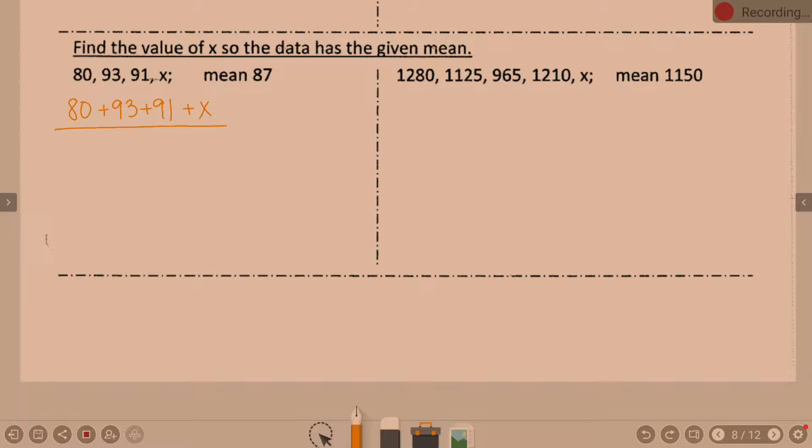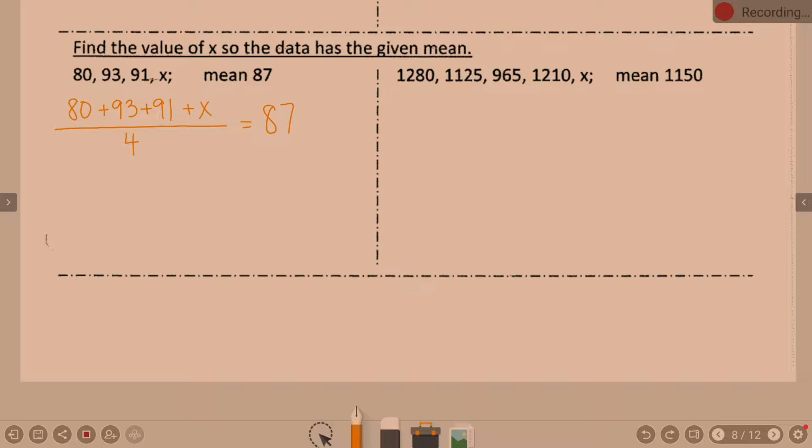And what am I going to divide that by? 4. If I know all those numbers, I would divide by 4. And then in this particular problem, what is it supposed to equal? 87. We just wrote an equation to solve. In other words, basically we wrote out how we'd find the mean, except we have an x thrown in there.